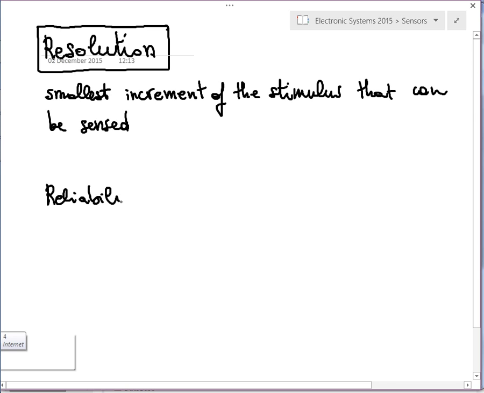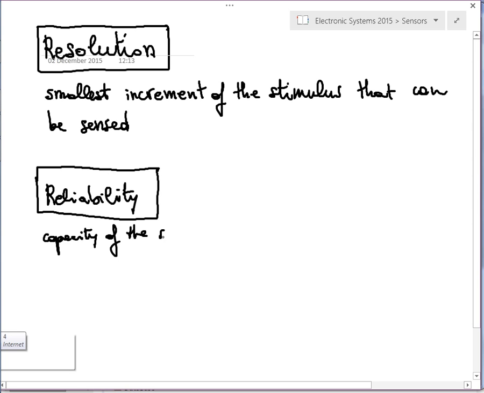So finally, another quantity that is not defined in a unique way is the reliability of a sensor, and this is of course the capacity of the sensor of working without failure.